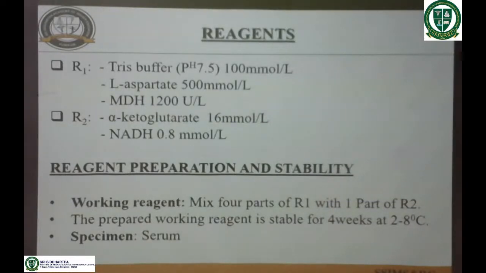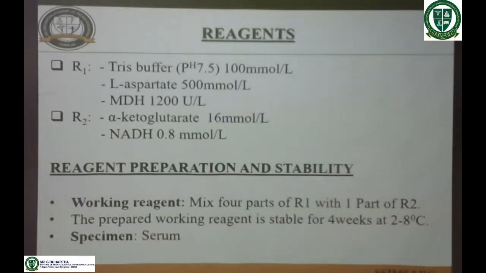Based upon the requirement, you mix R1 and R2, because once prepared, the working reagent is stable for only 4 weeks at 2 to 8 degrees Celsius. So always prepare it based upon the requirement for that particular experiment.